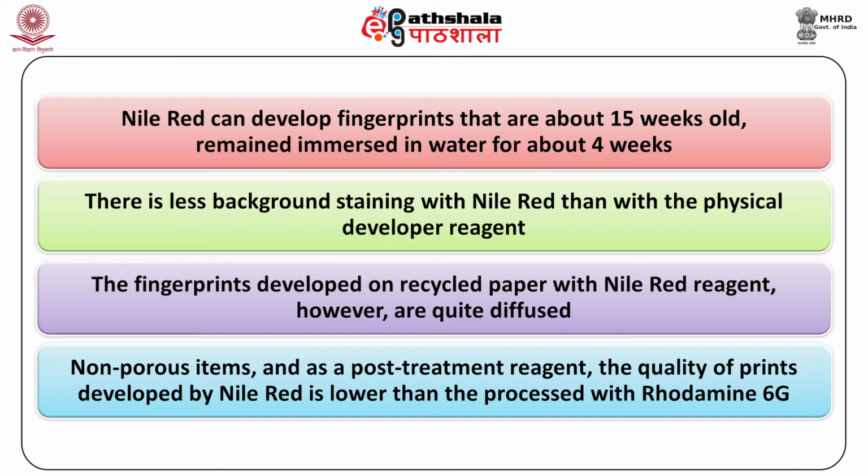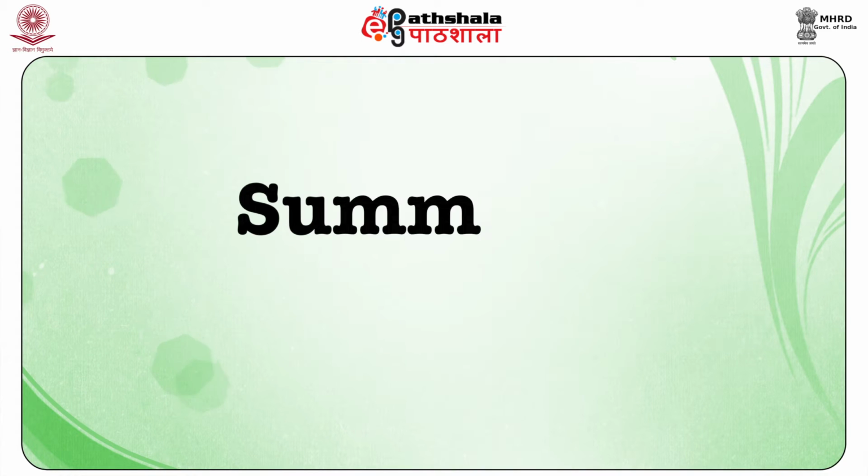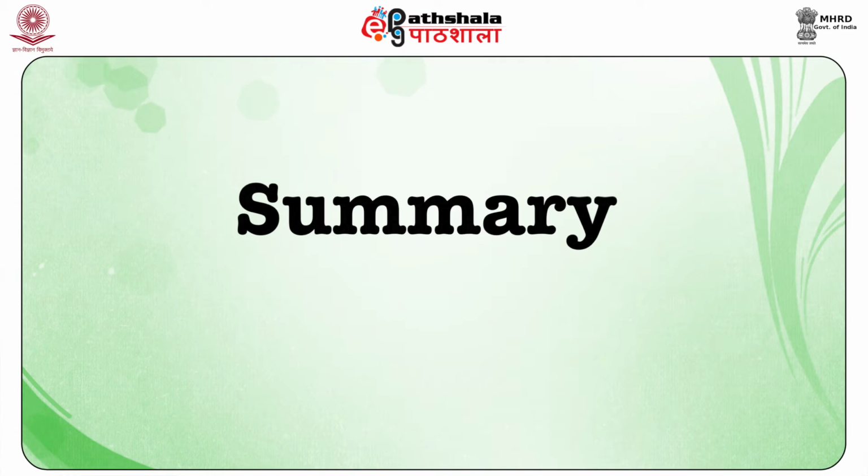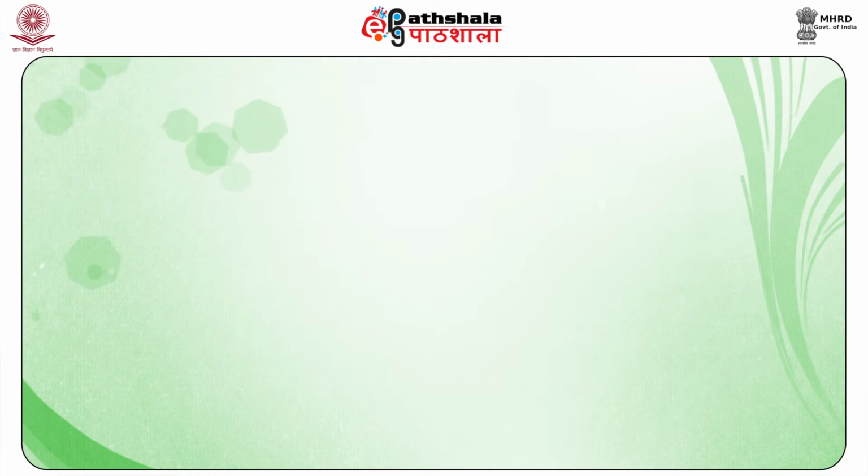The fingerprints developed on recycled paper with Nile Red reagent, however, are quite diffused. On non-porous items and as a post-treatment reagent, the quality of prints developed by Nile Red is lower than those processed with rhodamine 6G. Dear students, now let us summarize this chapter.